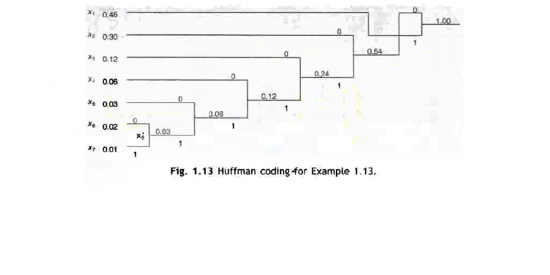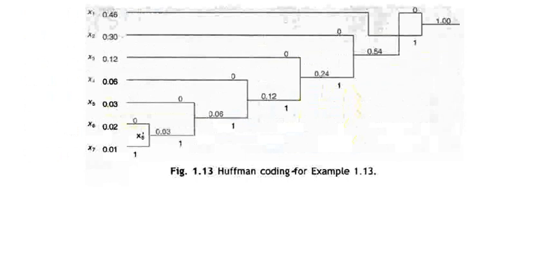And the next two probabilities are 0.06 and 0.06. After combining both of them, the sum probability is 0.12. Again, 0.12 and 0.12 combined give 0.24, and the 0.24 symbol is combined with x2, which has probability 0.30. So the sum probability is 0.54. Again now the least one, 0.24, is assigned 1 and the greater one is assigned 0.